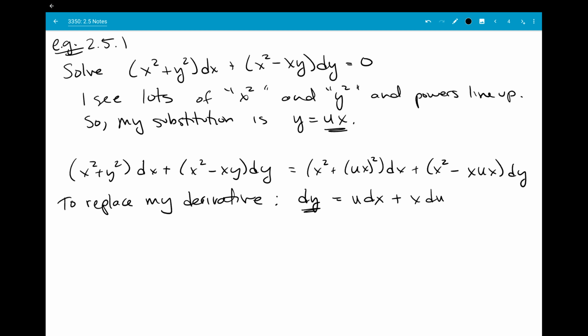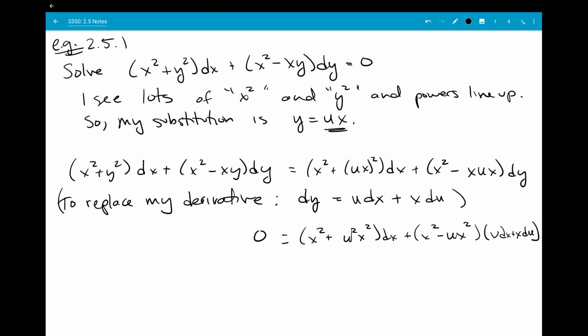But now that I've found some way to replace dy in my equation, that's going to give me (x squared plus u squared x squared) dx plus (x squared minus u x squared), and then replace dy with u dx plus x du, like that.